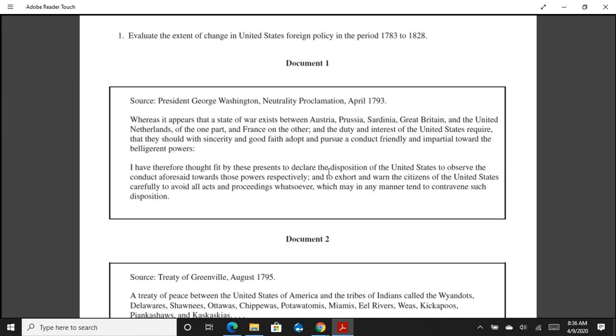So that's the context of him saying this. I could even look further into the future, and I might mention something about George Washington's farewell address and how he warns against getting involved in alliances and foreign ordeals and that sort of thing. That would all be part of the historical situation.